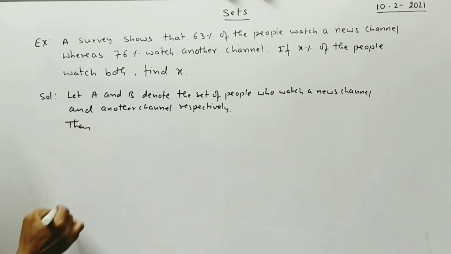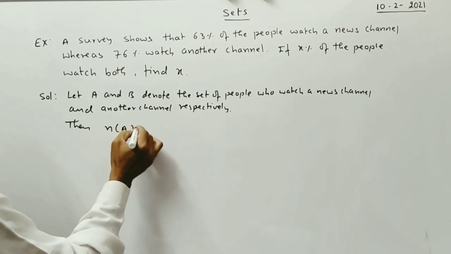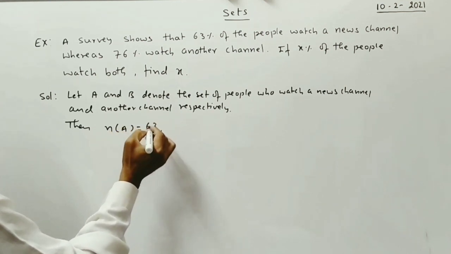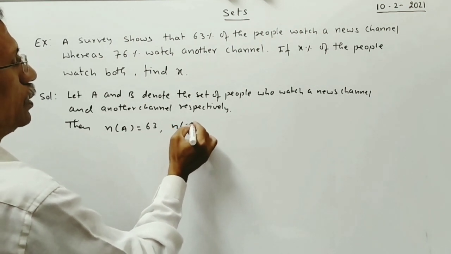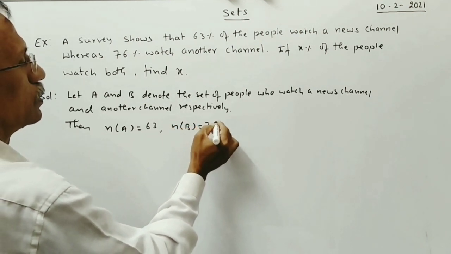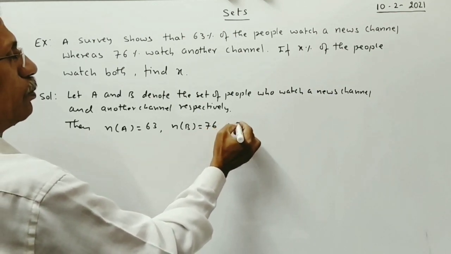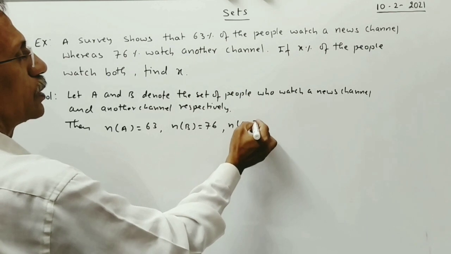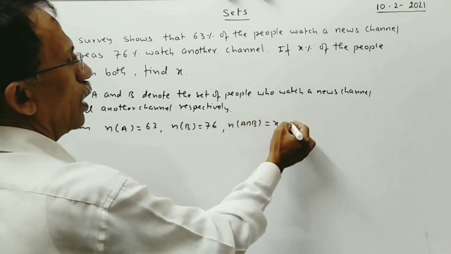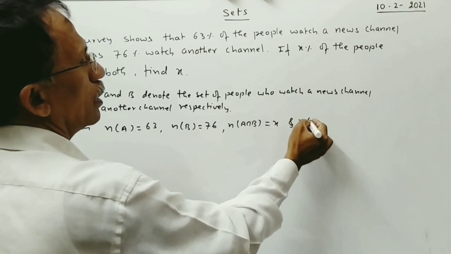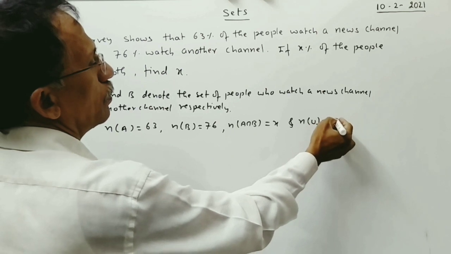Then number of elements of A is equal to 63. Number of elements of B is equal to 76. Number of elements of A intersection B is equal to X, and number of elements of U is equal to 100.